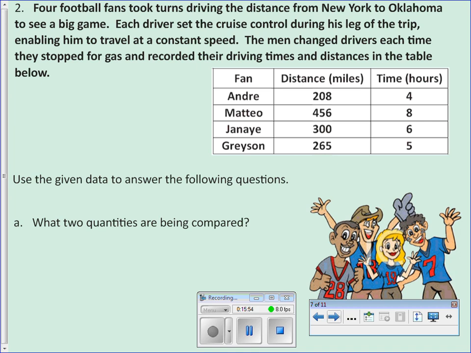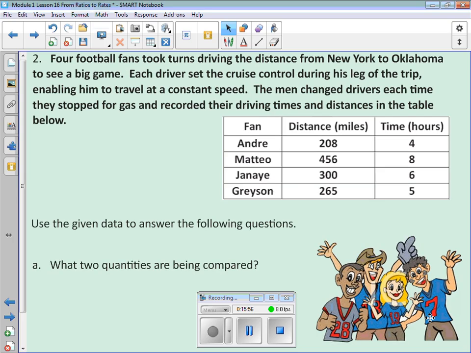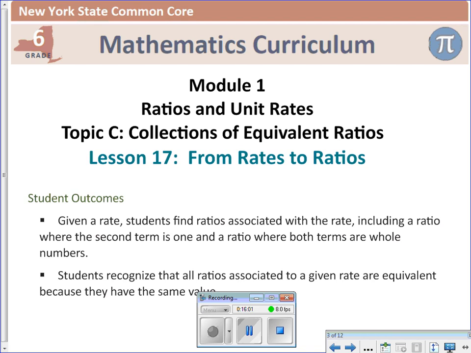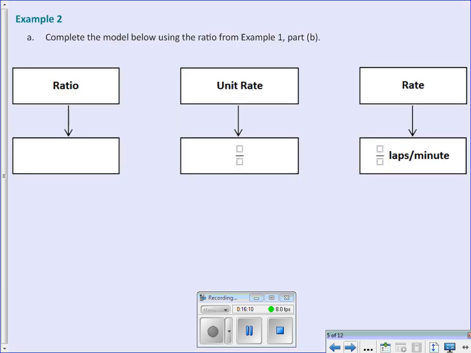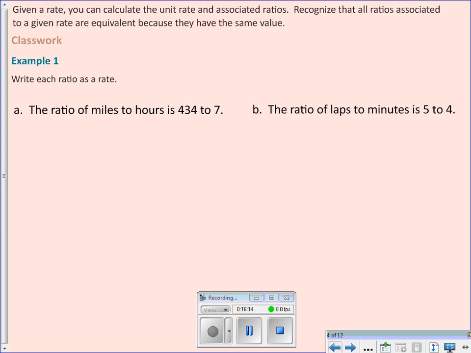All right, at this point, we're going to switch to lesson 17. Lesson 17 is continuing along with the same process. So we know how to do the ratio, the unit rate, and the rate. If we took a look at the first example, you know I like to swim.